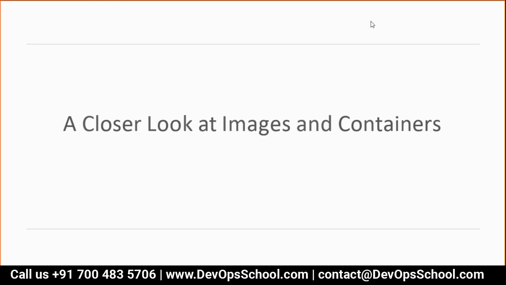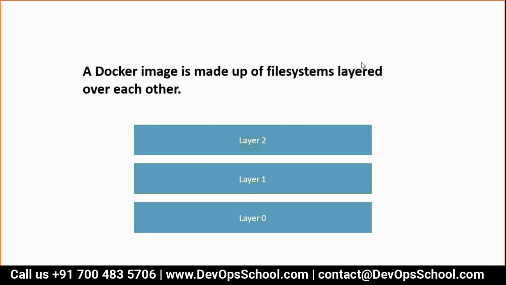Sure. Okay. So now the question is, what is an image? Would anyone like to tell me what we have learned so far about the image? Anyone remember that? We have spent a lot of time on that conceptual stuff. So what is an image? It is a file system, nothing but a network of files.